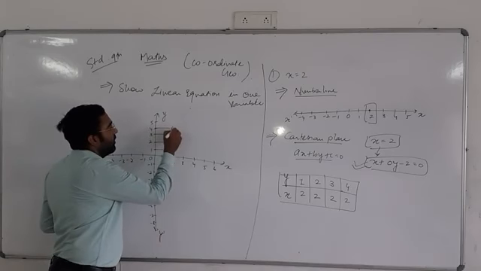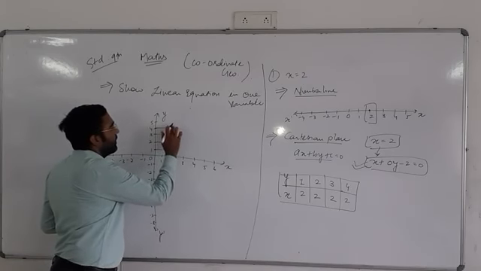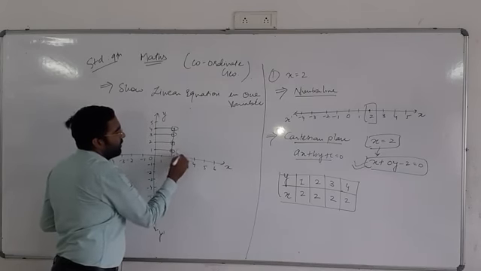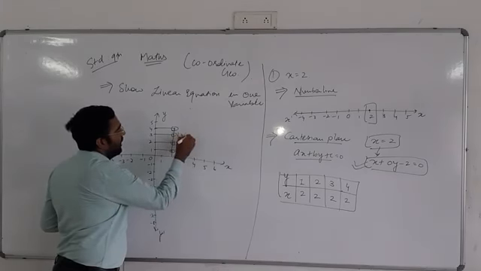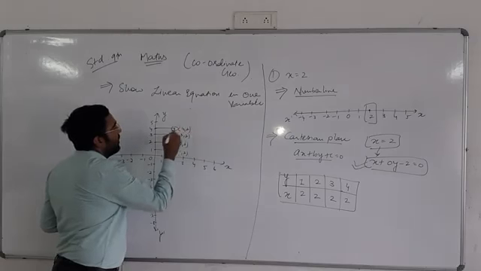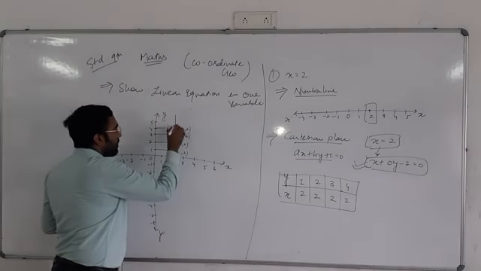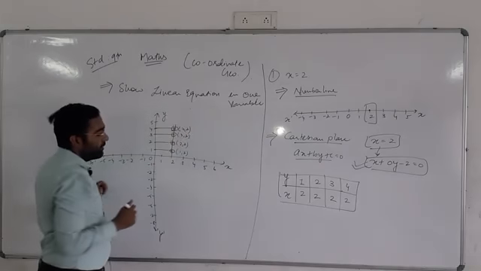Therefore for 4, your point is here. So this point is (2, 1), this point is (2, 2), this point is (2, 3), and this point is (2, 4).